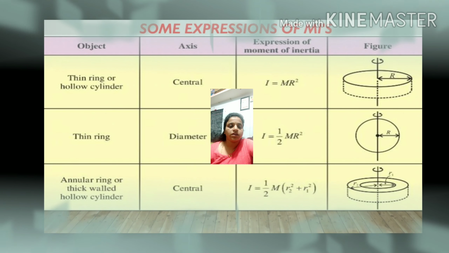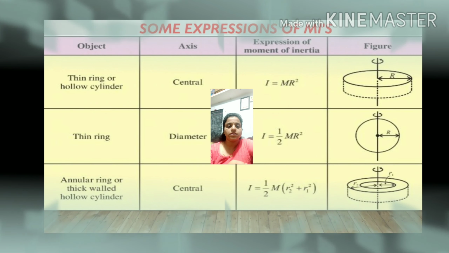Now the third object is an annular ring or thick walled hollow cylinder. Here the difference between the first object and the third object is that the third object has thickness. It has two radii, of the inner circle and the outer circle.